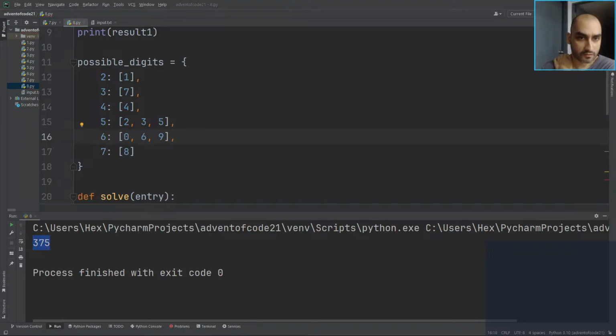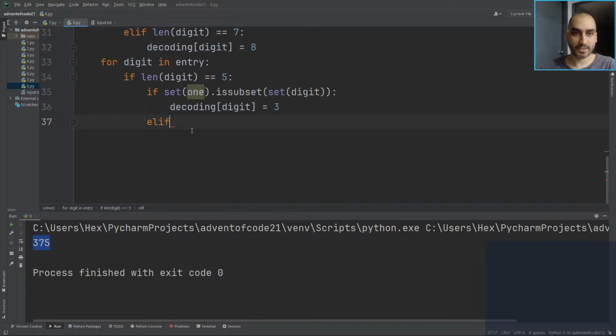We find how much in common 4 has with 5, so it should be 3. And with 2, it's just 1. Oh, okay. So we take the intersection. So elif set 4 intersect.